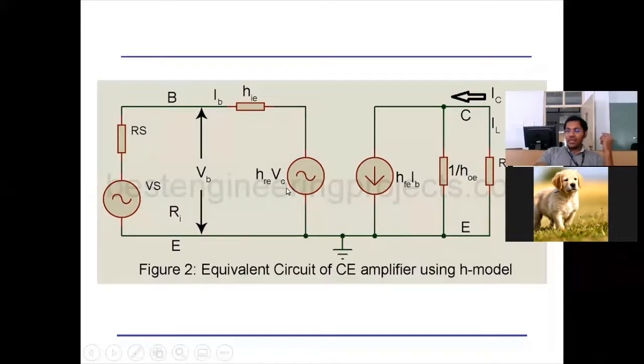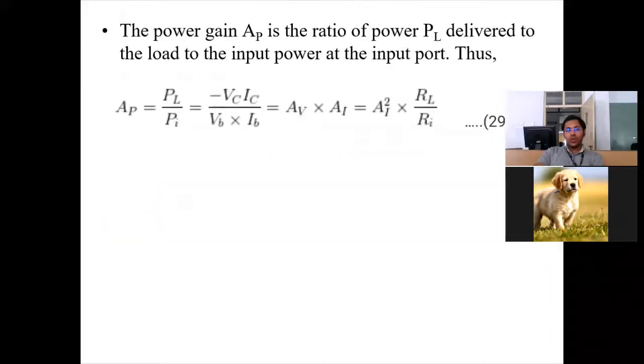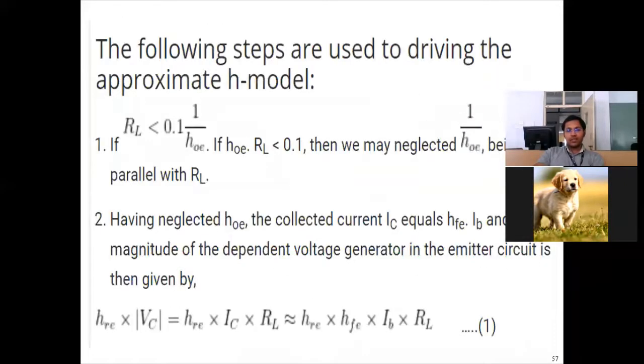Now, I have earlier approximated that IC is nearly equal to HFE IB because this is not there, so again that IC I can replace by HFE IB. When I do all this, this is what I will get.